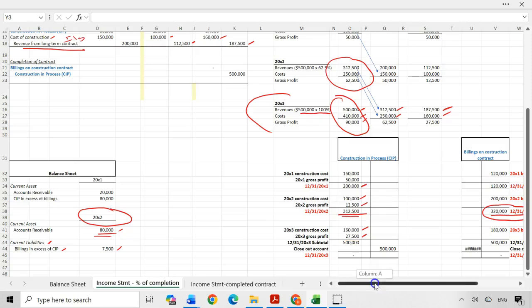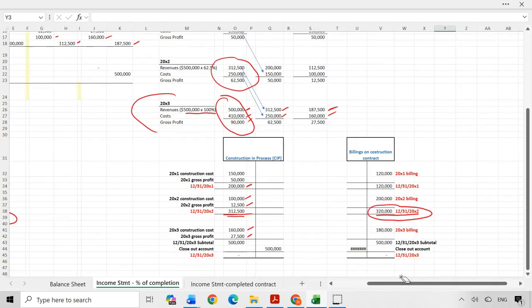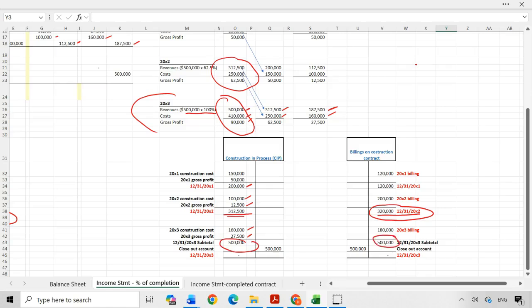Now I want you to see here, when you look at your subtotal for 20x3 at the end of the year, my construction in process is $500,000, and my billings on construction contract is also $500,000. Those two should be the same at the end of the contract.